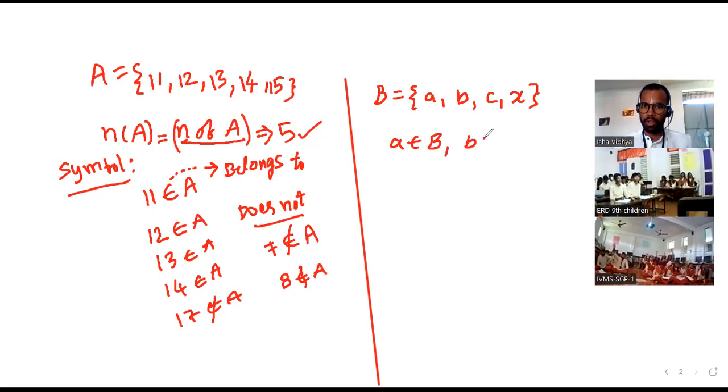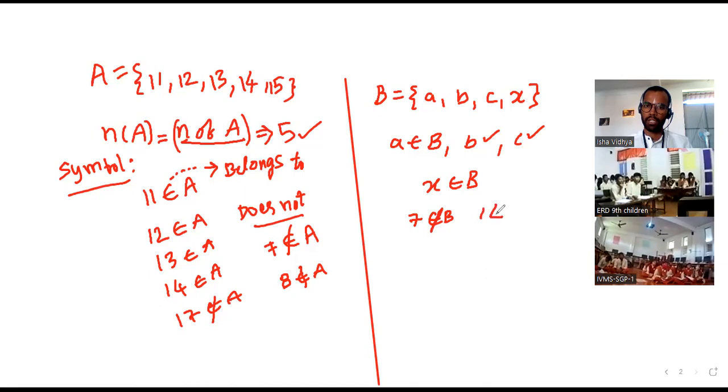Now B is also belonging, C is also belonging. Now X belongs to B or not? Yes or no? It's simple, right? It's there already. Now 7 belongs to B or not? Does not belong to.